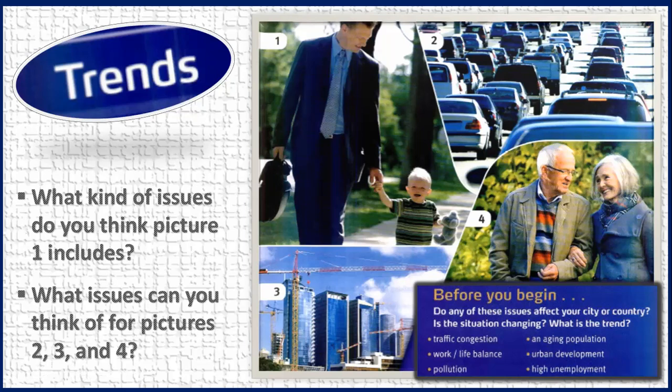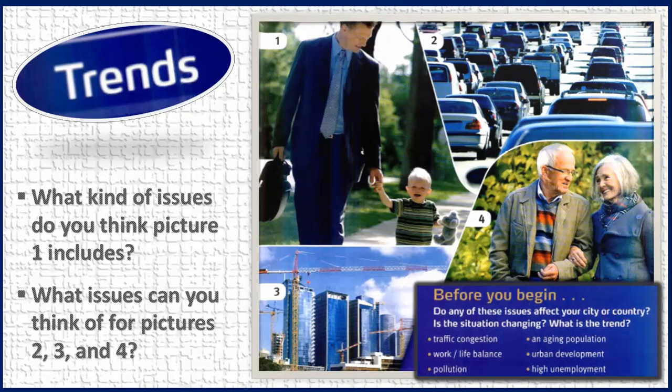Now let's read the issues. Yes, let's read the issues and let's relate the issues with the pictures. Okay, guys? Let's start with Arthur, please. What is the first issue? This picture, picture number 2, what is it?